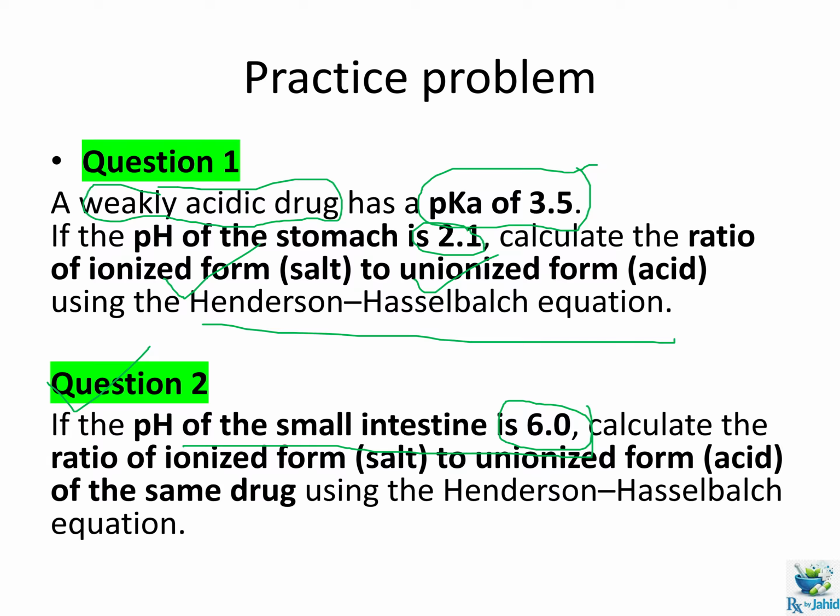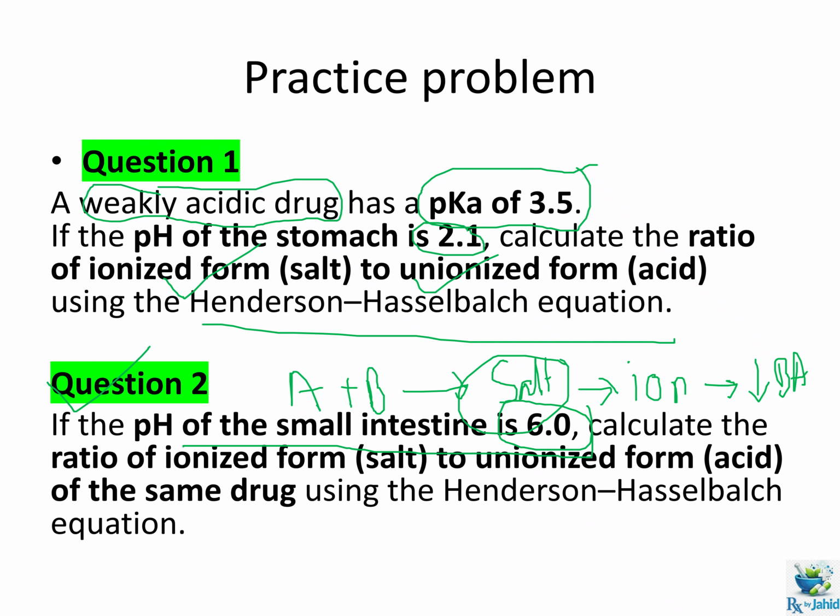As a theory, we can already understand that the drug is acid and the intestine is base. What would ultimately happen? This will ultimately result in salt, so the drug would be in salt form in the intestine. Salt form means ionized form. The drug would be highly ionized, and if any drug is in ionized form, what would happen? This will decrease the bioavailability or the absorption of the drug.